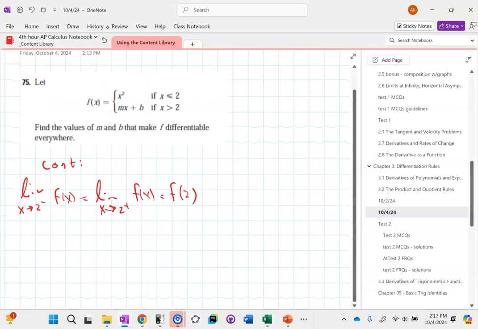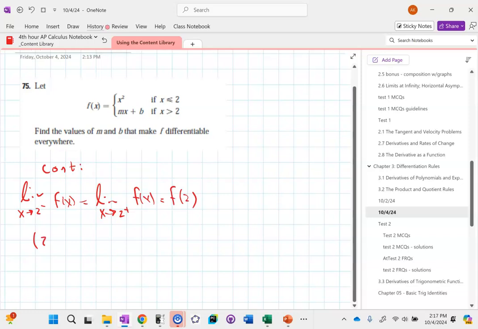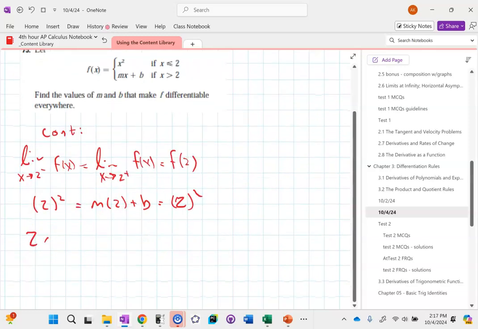From the left, that's going to be x squared, where I plug the 2 in, and from the right, that's going to be mx plus b, where I've plugged the 2 in, and then f of 2, which is just plugged into x squared. So I have this that needs to hold for continuity. So 2m plus b has to equal 4. Cool with that?